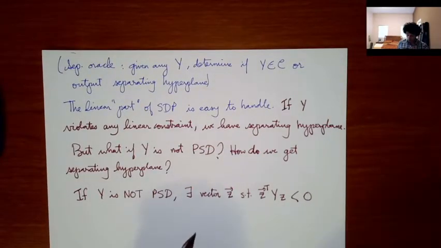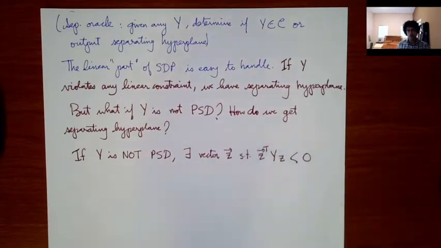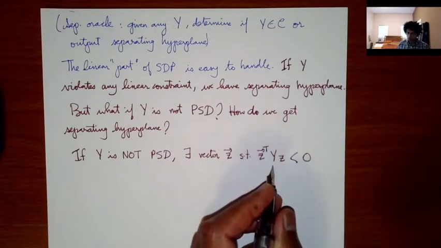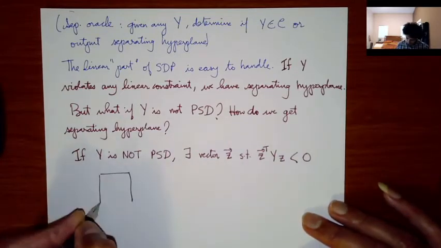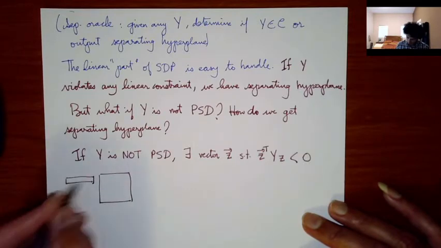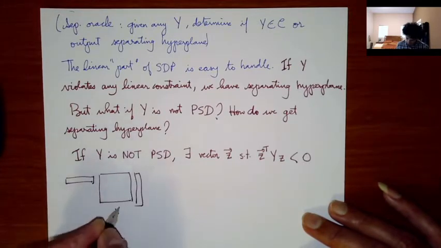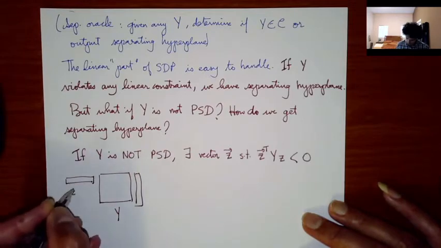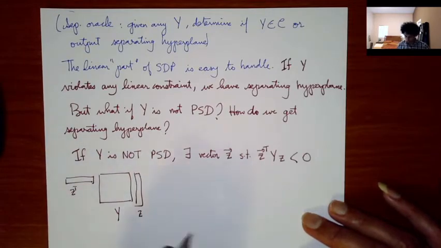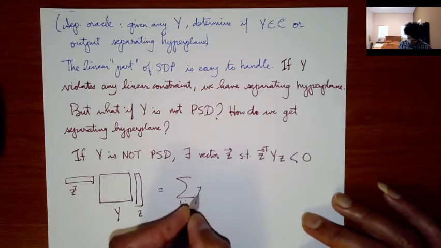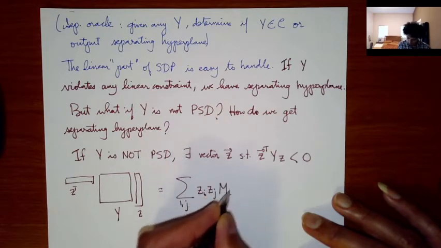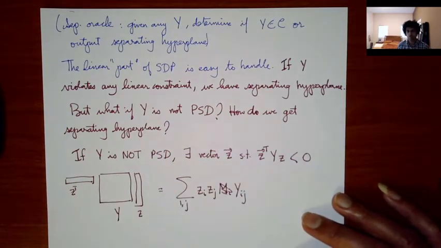Now remember that I was thinking of Y as a vector. So it's useful to see what Z transpose YZ is. I'm going to draw this as a picture. So this is Y, this is Z transpose, this is Z. This thing is essentially the sum over all ij of Zi Zj times Yij, and that's exactly what the Rayleigh quotient is.